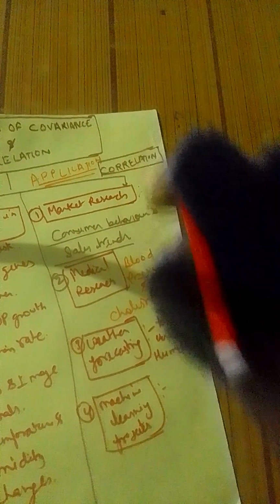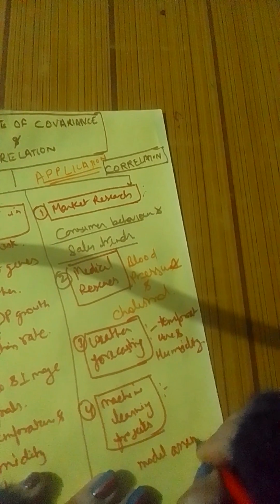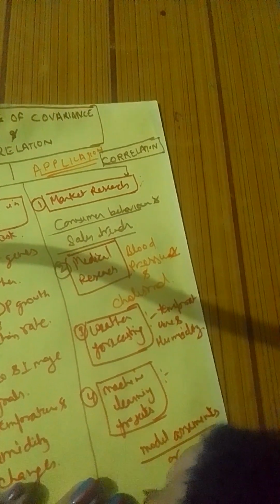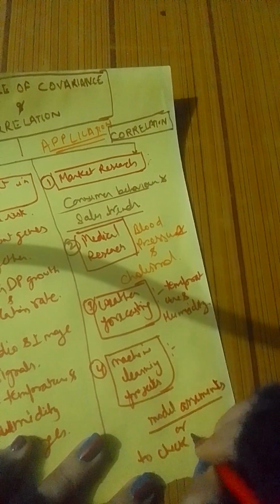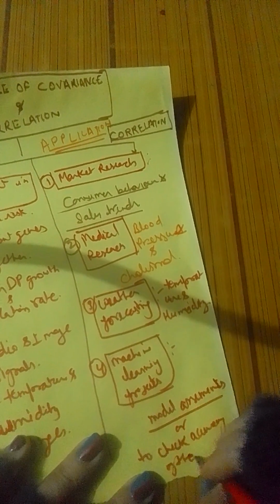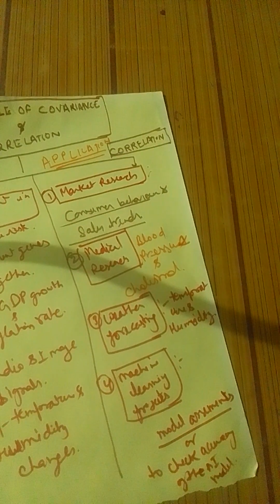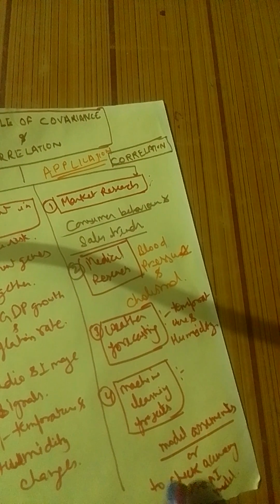Of course, the correlation method is used in model assessments, or to check the accuracy of the AI model. So correlation method is also used in machine learning projects.